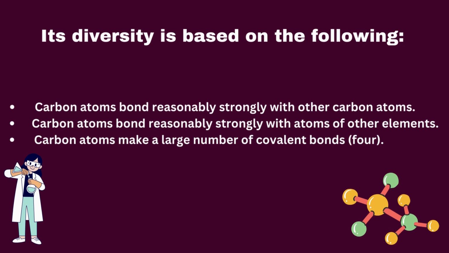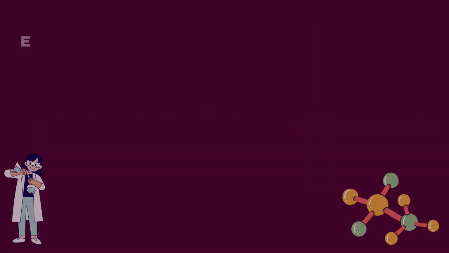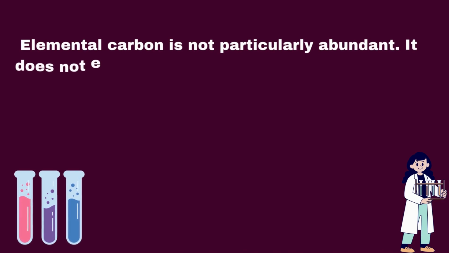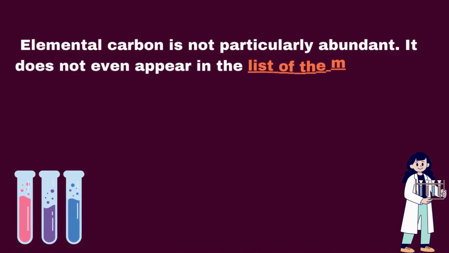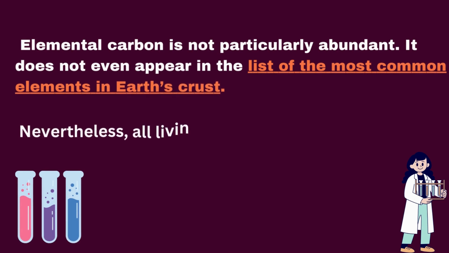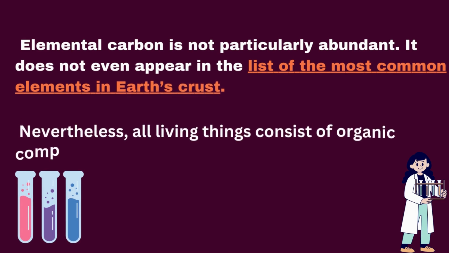Then we study the abundance of carbon. Elemental carbon is not particularly abundant. It does not even appear in the list of common elements in the earth's crust. For example, nitrogen, oxygen and hydrogen exist freely in the environment, but carbon does not exist freely in the environment.